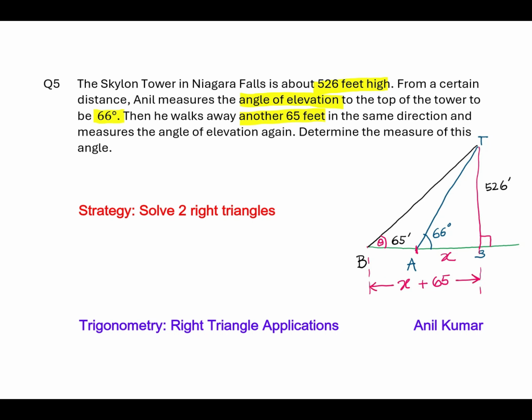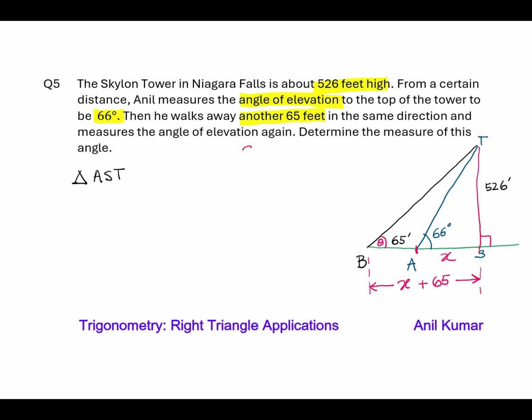So I think you have understood the approach. Now, let us solve it one by one. So, first in the triangle, which is AST, we are looking at the angle, and from the angle, we are looking at opposite and adjacent side, right? So, we can use the tan ratio.